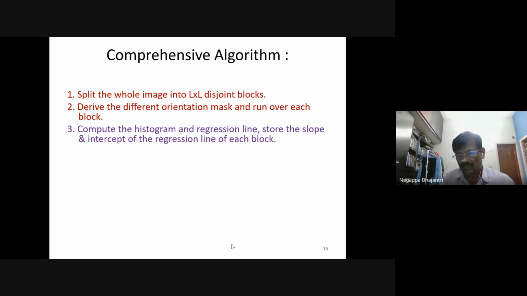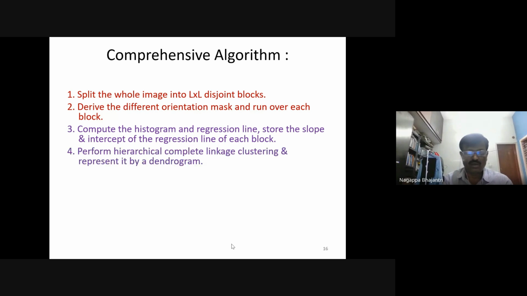From that, a cumulative histogram can be obtained, and we can fit a regression line to it, which gives a slope and an intercept. That helps us understand which portion is defective or non-defective. The lines will be different; if the lines overlap, there is no camouflage or defect, and we can interpret it like that.